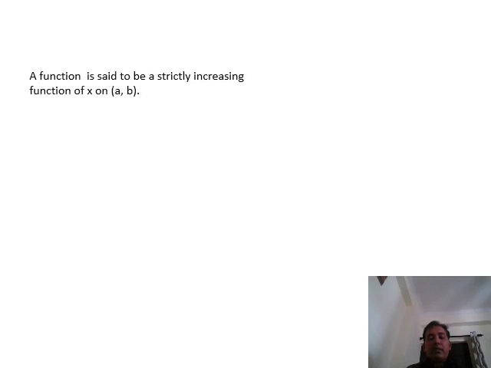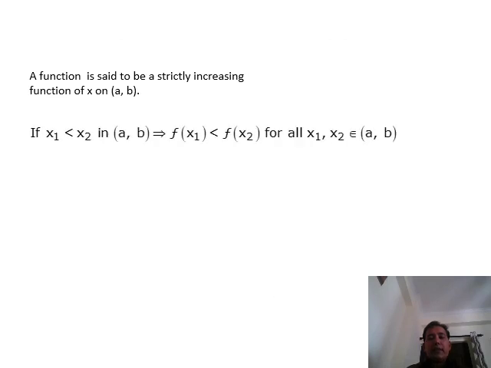A function is said to be a strictly increasing function of x on AB if x1 is less than x2 in AB implies that f(x1) is less than f(x2) for all x1, x2 belonging to AB. Strictly increasing is also referred to as monotonically increasing.